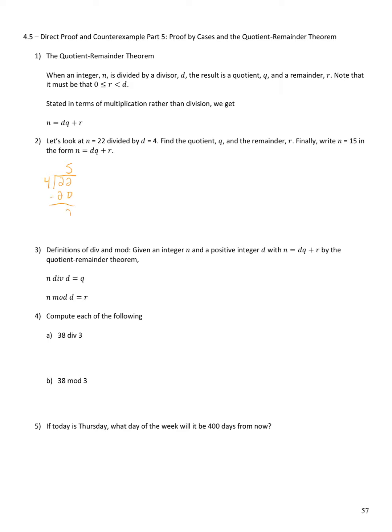You subtract, and the remainder is 2, because 4 does not go into 2. 2 is too small, it's less than 4. This is our remainder. So n equals dq plus r, where n is 22, the divisor is 4, the quotient is 5, and the remainder is 2. So 22 equals 4 times 5 plus 2.